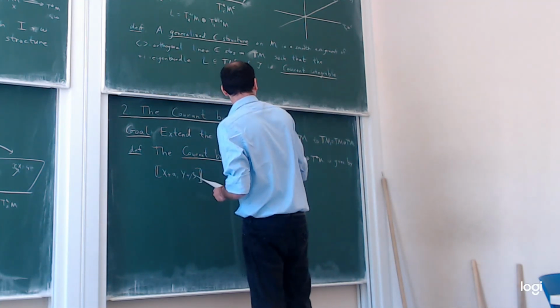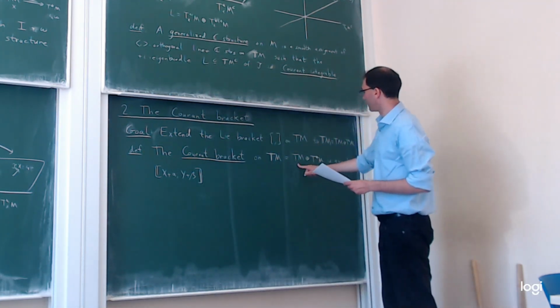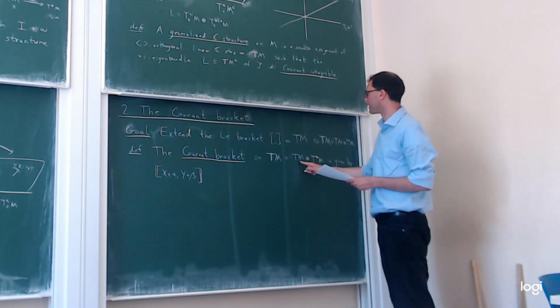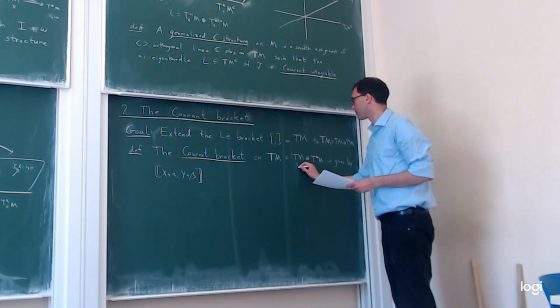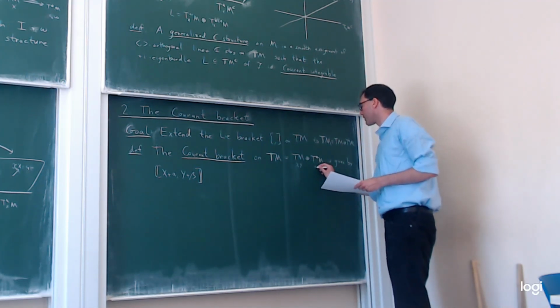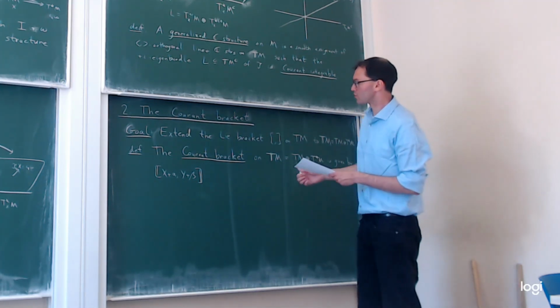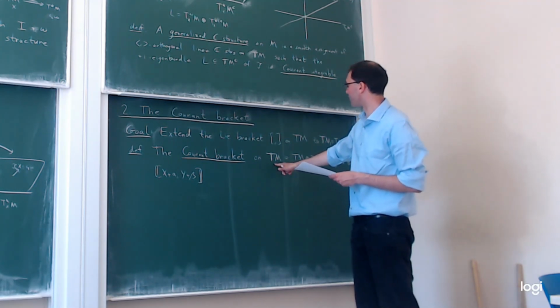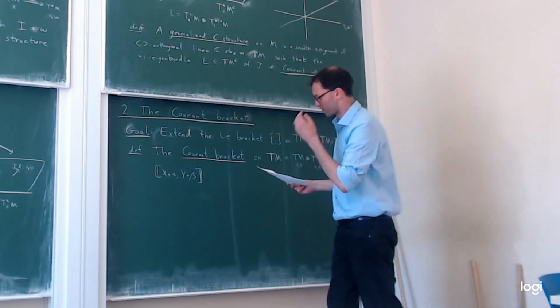X and y are sections of the tangent bundle. Alpha and beta are sections of the cotangent bundle. So their sums live in the space of sections of the extended tangent bundle.